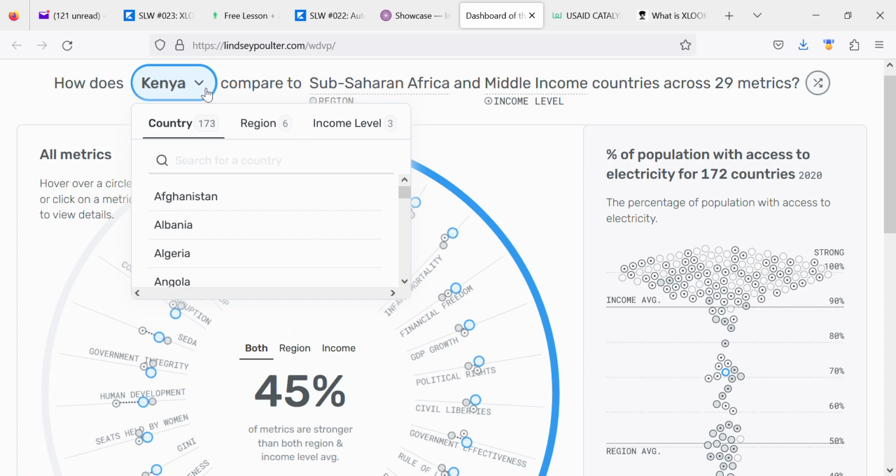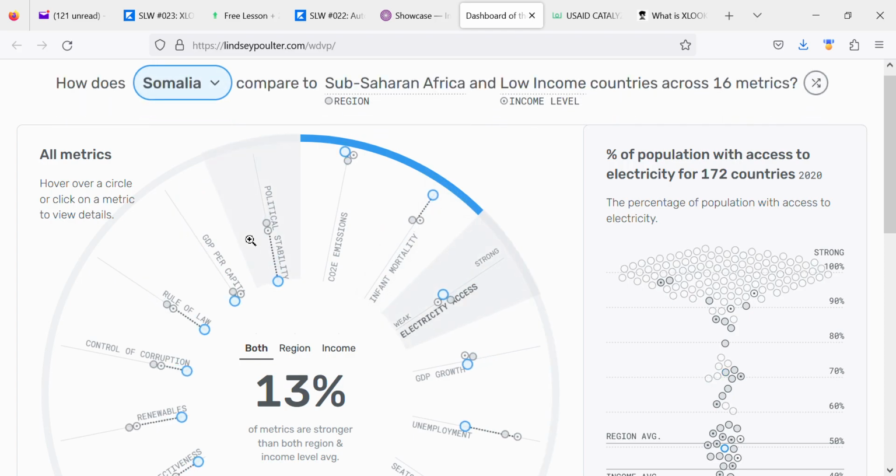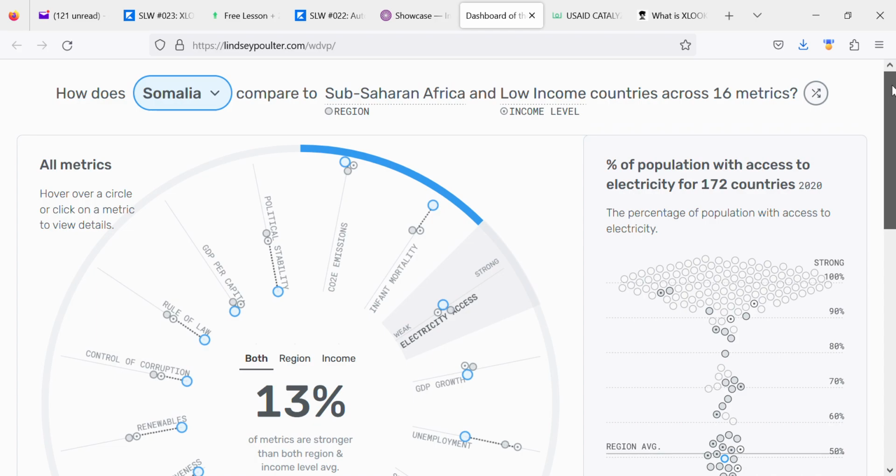So let's look for Somalia again. Somalia is compared to sub-Saharan Africa and low-income countries, and its value is compared over 60 metrics.